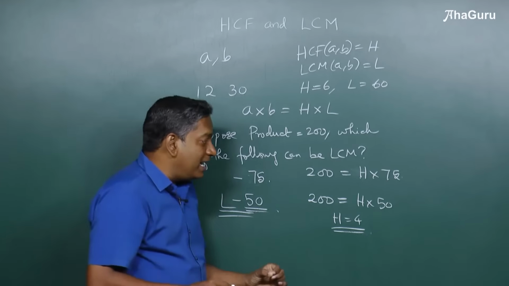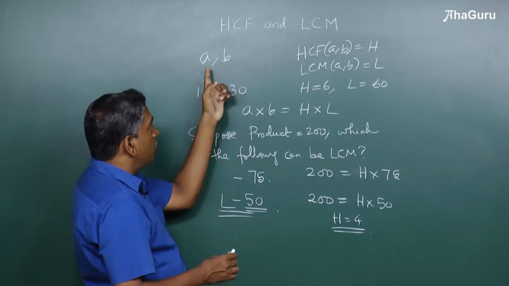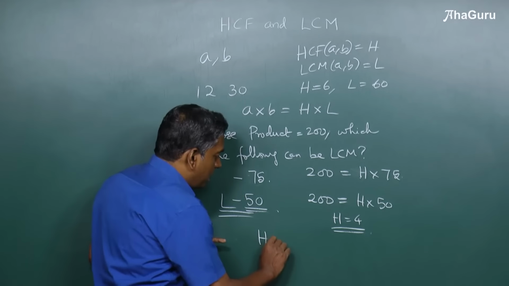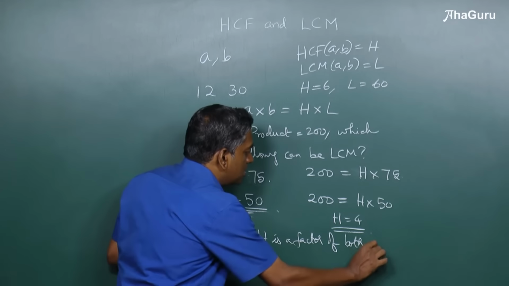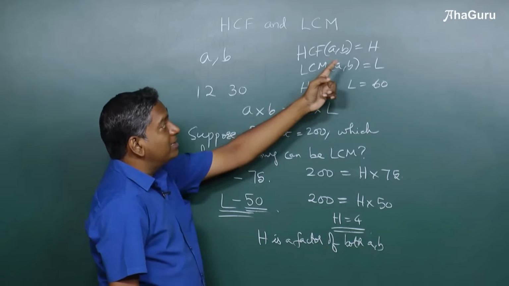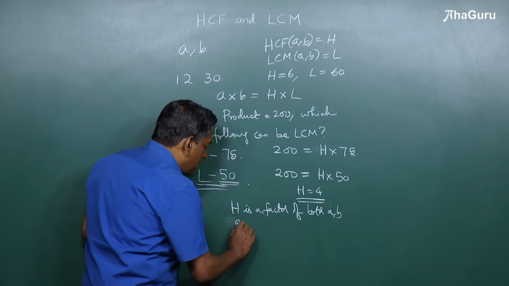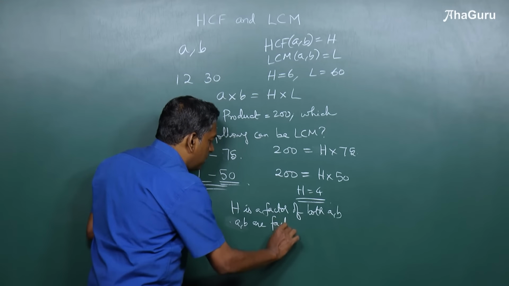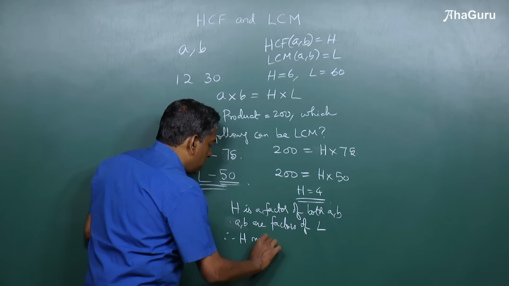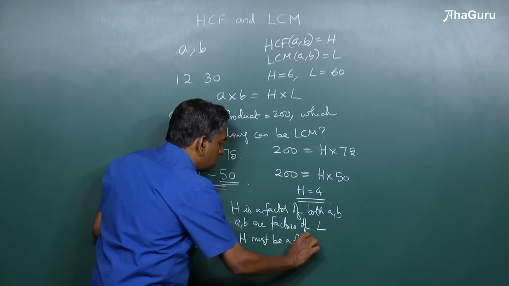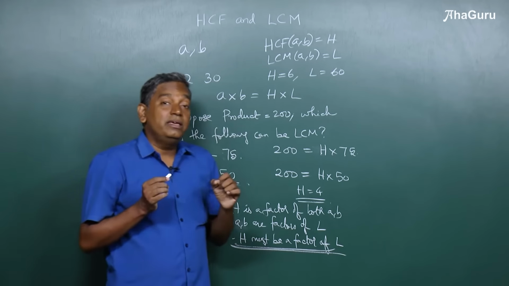And that is the fact that whatever you find as HCF is a factor of both A and B. Okay, HCF is a factor of both A and B, and A and B are factors of L. That means H must be a factor of L. So A and B are factors of L. Therefore, H must be a factor of L.